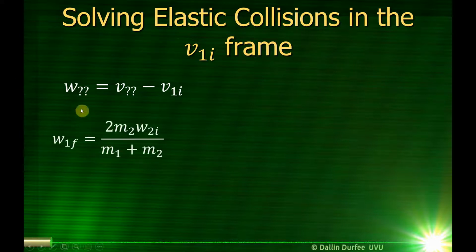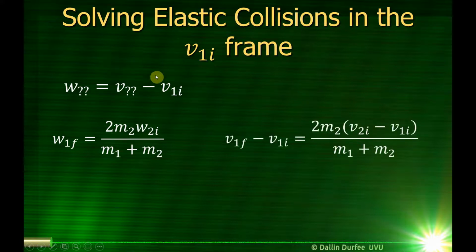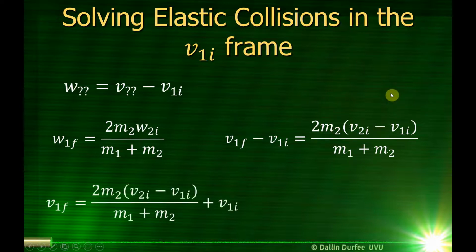So I have my equation for the final velocity of particle 1 in the transformed frame. I just changed my w's to v's using this definition that I created right from the beginning. So w1 final is the same as v1 final minus v1 initial, and w2 initial is the same as v2 initial minus v1 initial. All right, and then I just have to solve this for v1 final.